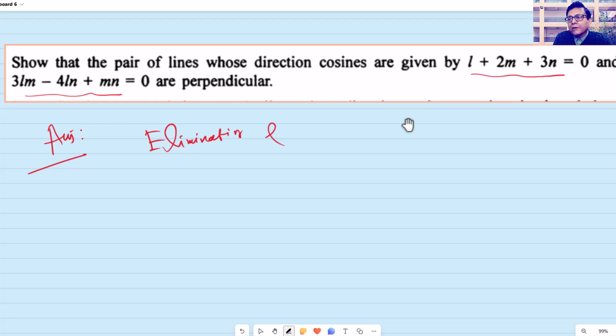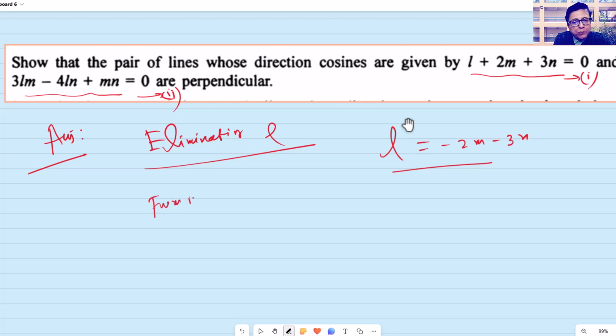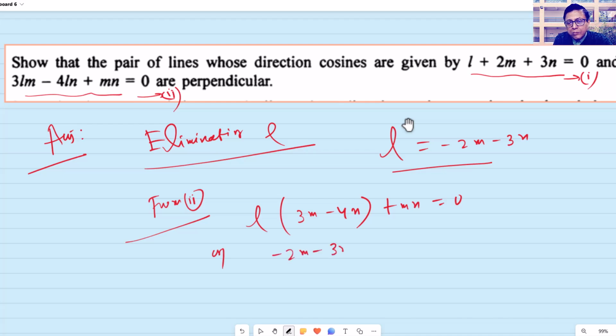L from number 1 and number 2. From 1, L is what? Clear? From 2, L into 3m minus 4n, or Cm.